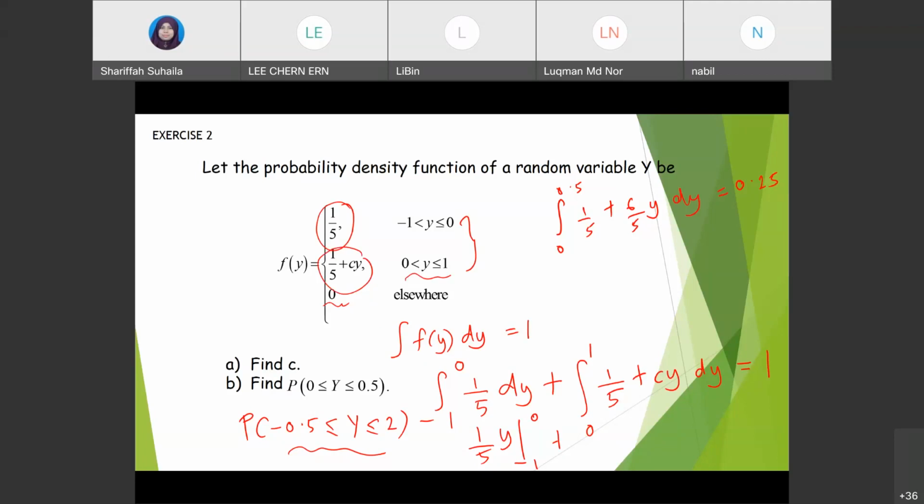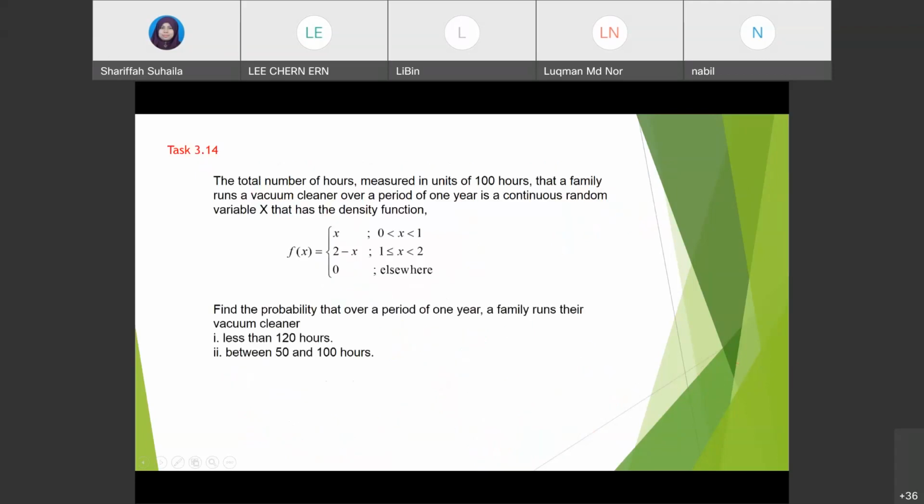Okay. Kita tengok balik soalan dalam task 3.14. Sekejap saya share dulu. Okay, kita tengok dulu dalam modul.